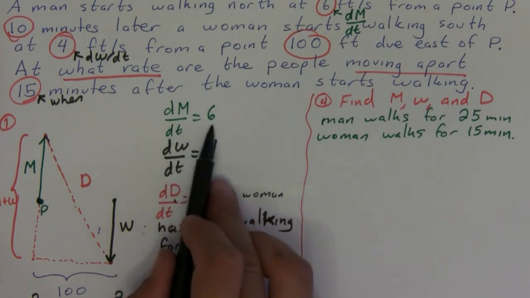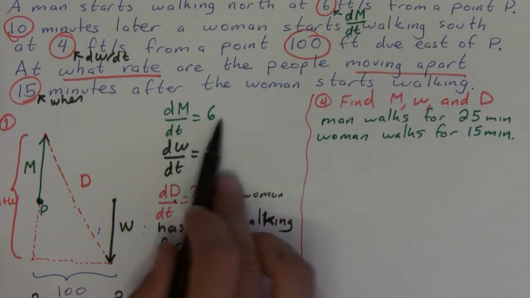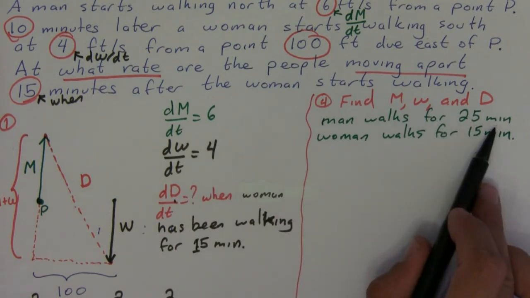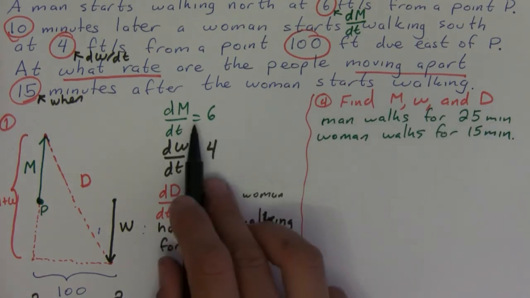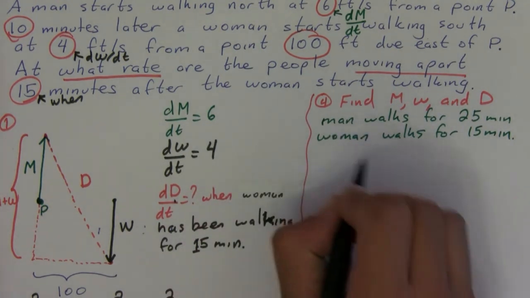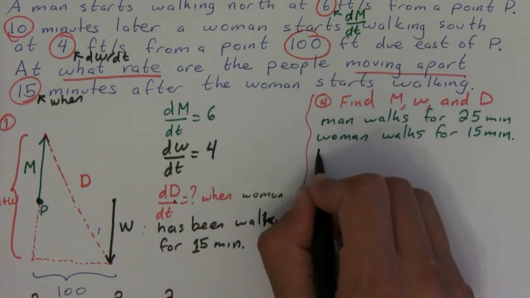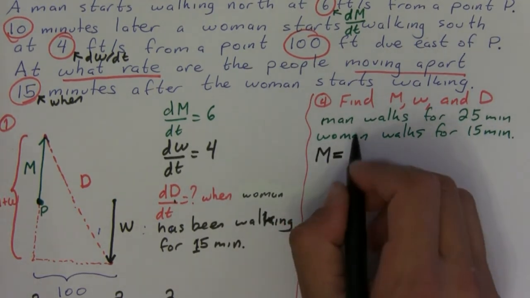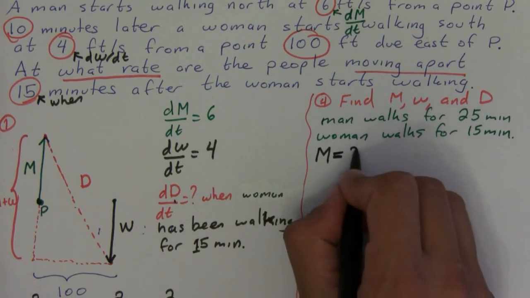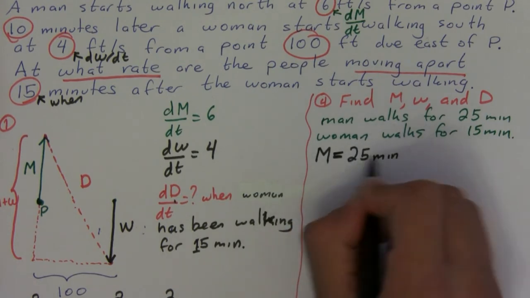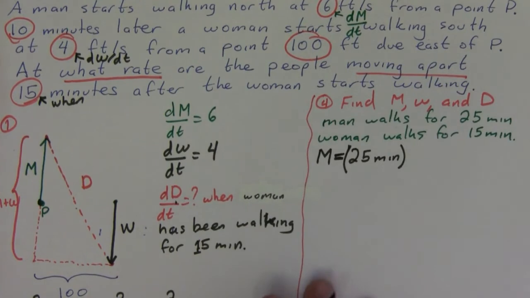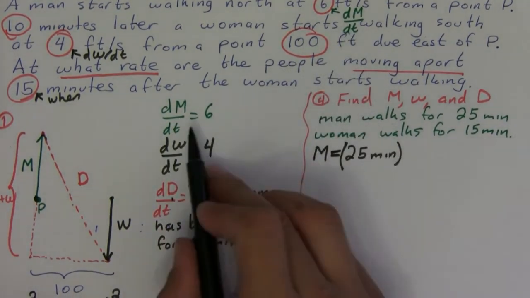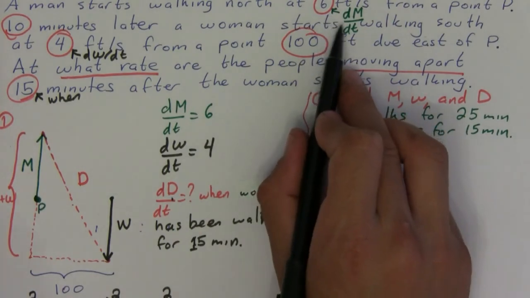Using that, I know how fast they're going. So if the man is going 6 feet per second and he's walking for 25 minutes, now here you have to be careful with your units because the rate is in feet per second.